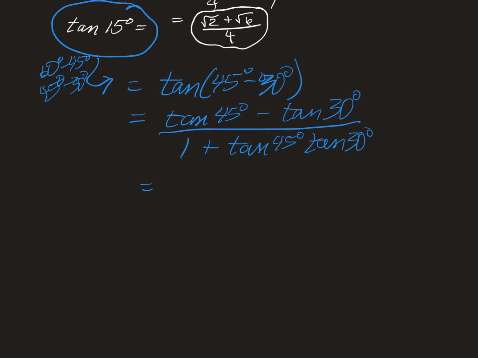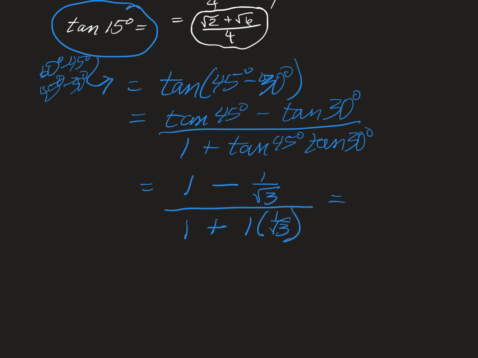Tangent of 45 degrees is 1, minus the tangent of 30, which is 1 over the square root of 3, divided by 1 plus tangent of 45, which is 1, times 1 over the square root of 3.